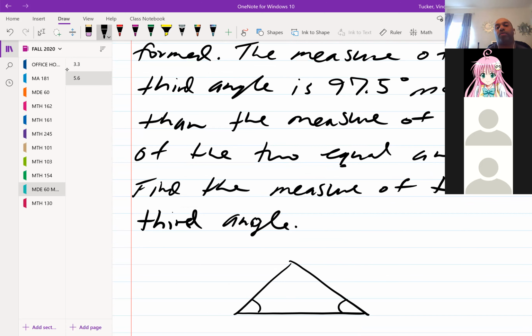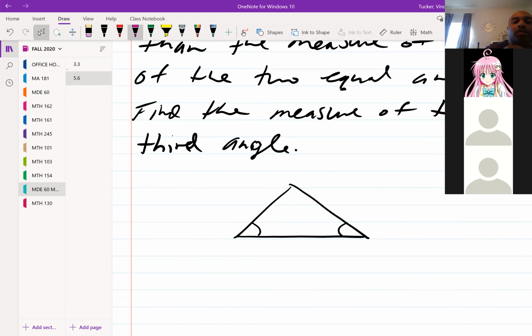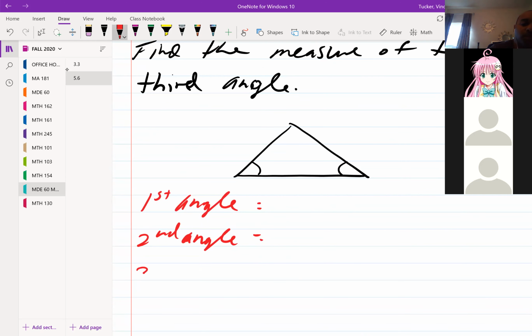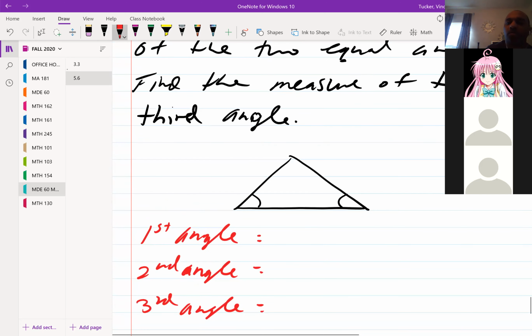Now let me go back. Remember our steps. We need an algebraic representation for each unknown. Now we have a triangle. That means we have three angles: first angle, second angle, third angle.